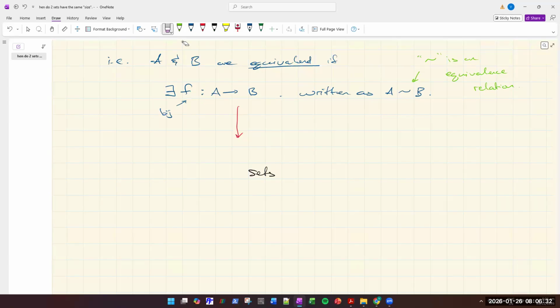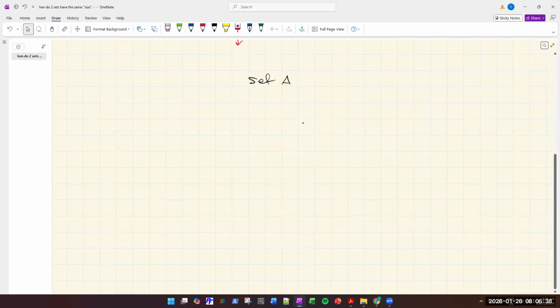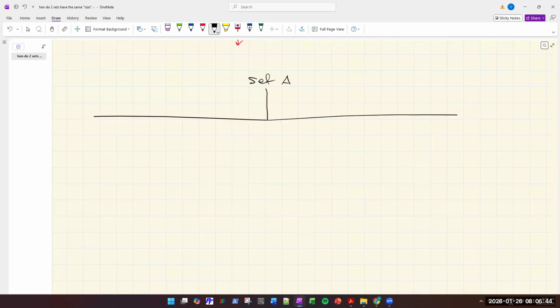We have a set A, and now we can classify these sets in terms of their size or their cardinality. So over here, these are the finite sets. And over here, the infinite sets.